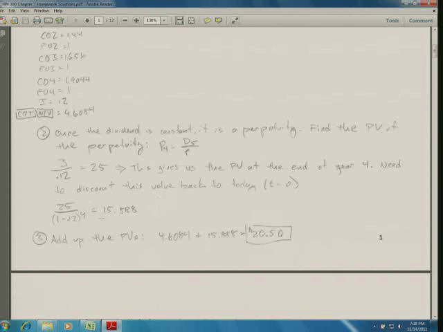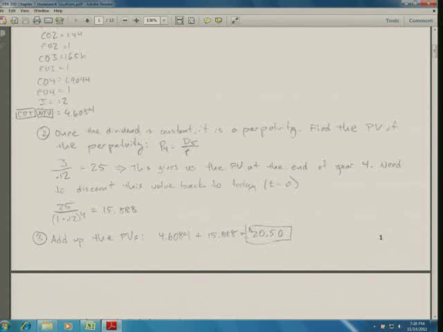Now that we have this in terms of time period 0, our 15.888, it's the present value of our perpetuity. And then we also have the present value of the first 4 dividends we expect to receive at time period 0, 4.6084. That's all in time period 0, so we can just add those numbers right up, and we'll get the value of the stock. So we just add up the 4.6084, that's the present value of the first 4 dividends, and then plus the 15.888, that's the present value of that perpetuity that it turns into at the end of year 5.